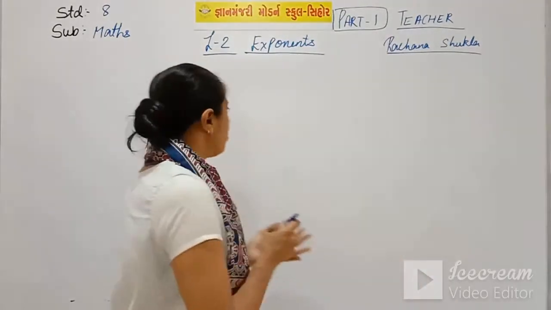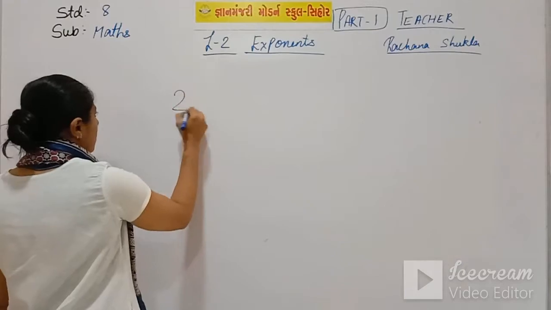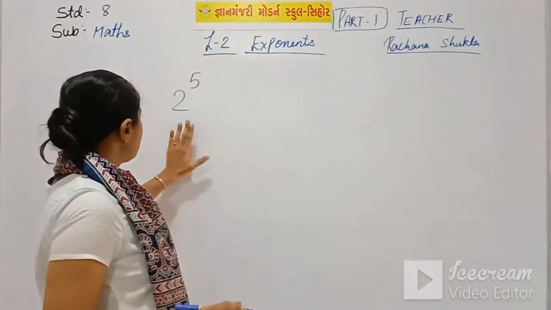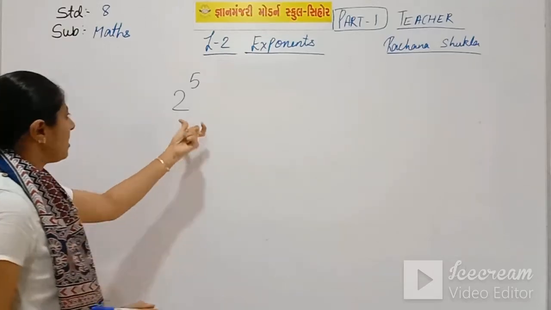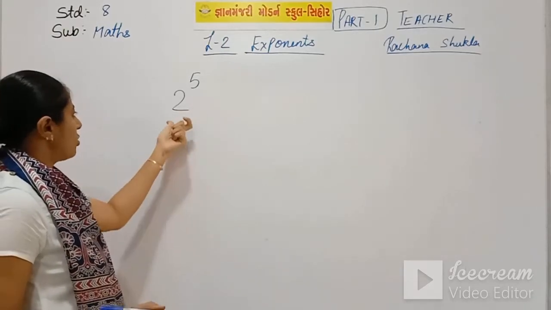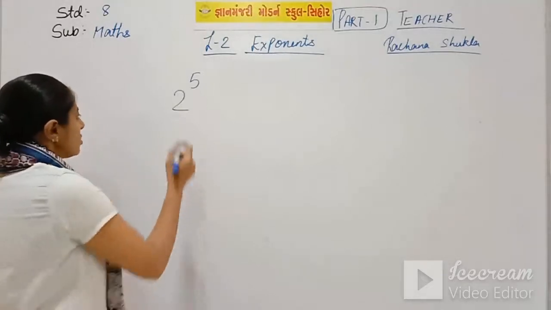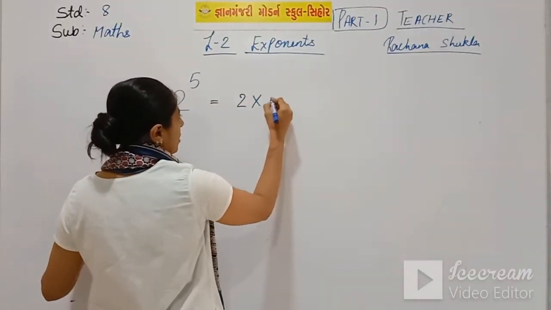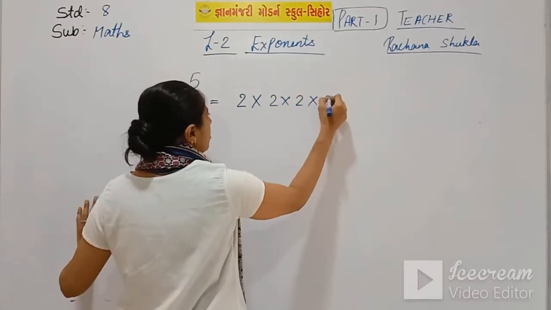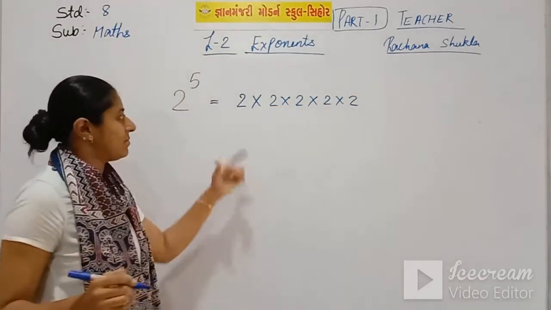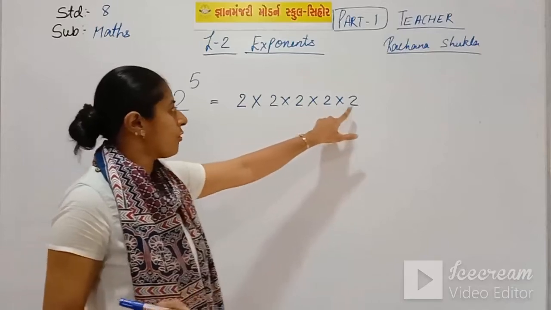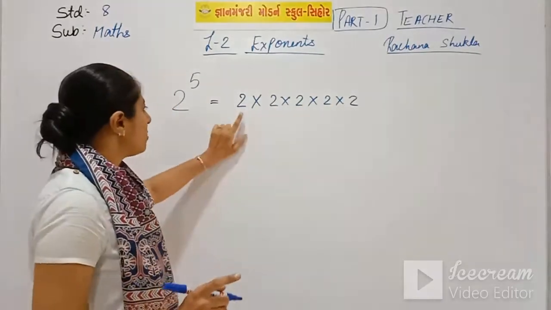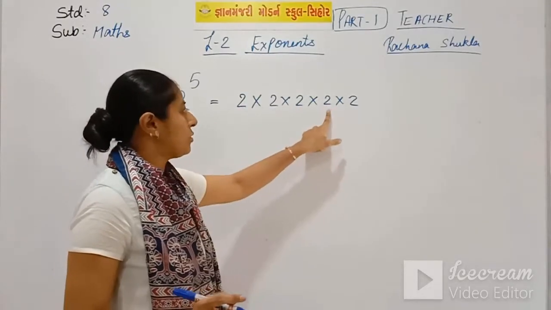So if I give you one example, that is 2 raised to 5. Your question is 2 raised to 5. What we can speak? 2 raised to 5 or 2 to the power 5. So here we can write it this way: 2 into 2 into 2 into 2 into 2, 5 times: 1, 2, 3, 4, 5. 2 raised to 5 can be written as 2 into 2 into 2 into 2 into 2.